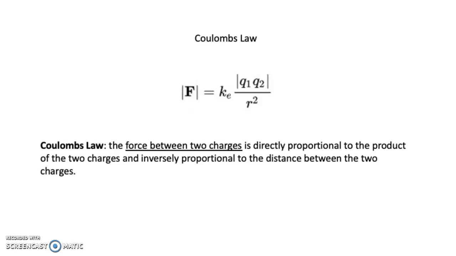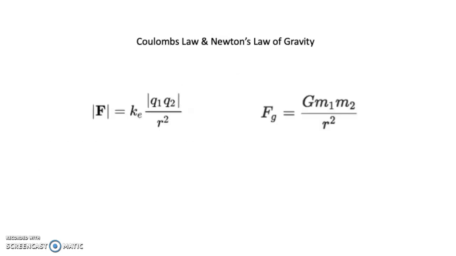So you might be thinking, hey, this looks familiar. Well, the concept is almost identical to Newton's law of gravity. So here we have Coulomb's law, which we just discussed. It looks very familiar to Newton's law of gravity, which shows the force between two objects, or two masses, m1 and m2, relative to the distance between them, over r squared.